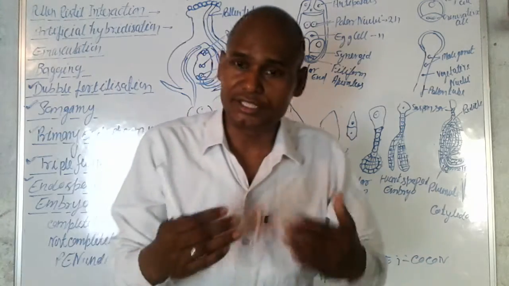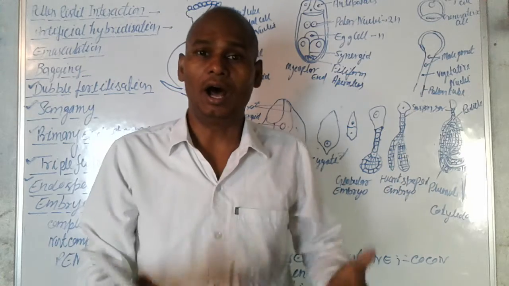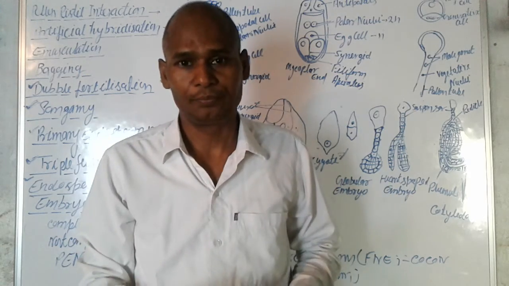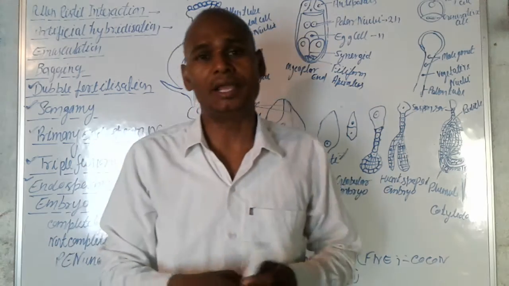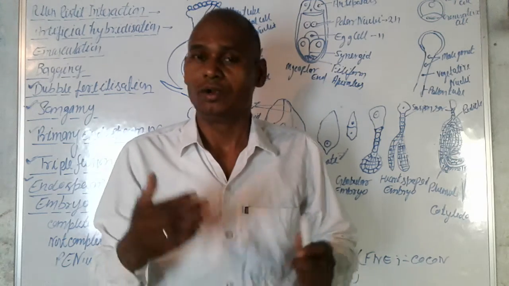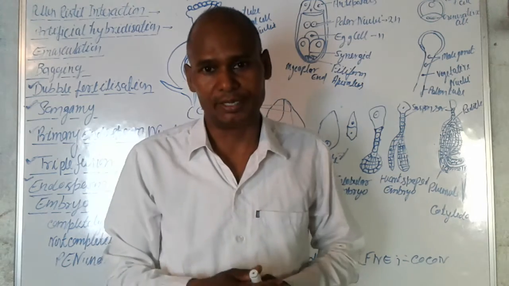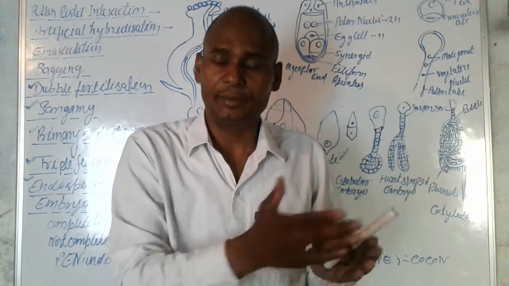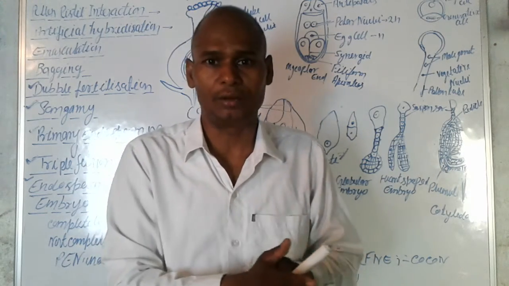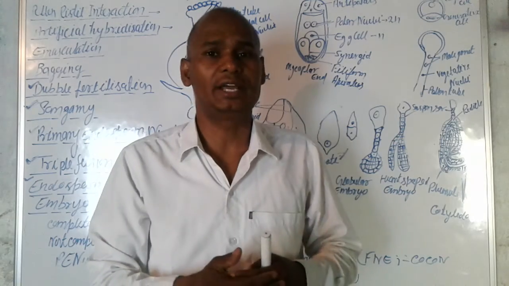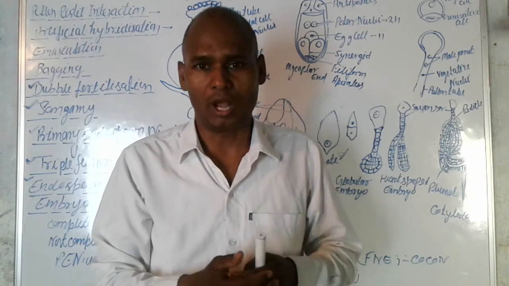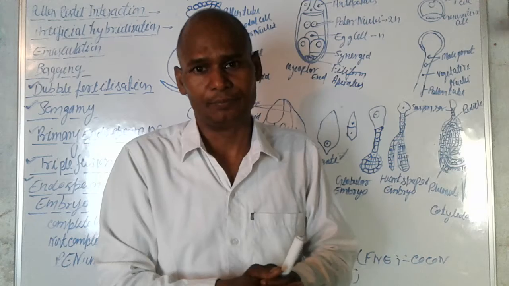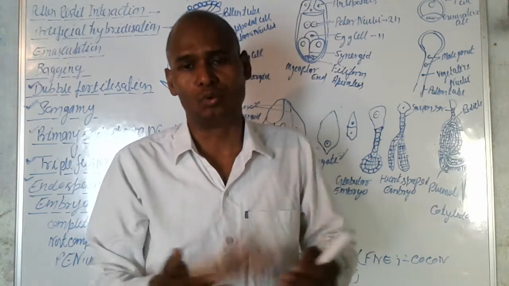When the pollen grain reaches the stigma, after some time, like 30 minutes or 1 hour, it germinates, like gram. We add gram in water, and after some time, like 24 hours, it germinates and makes a root.